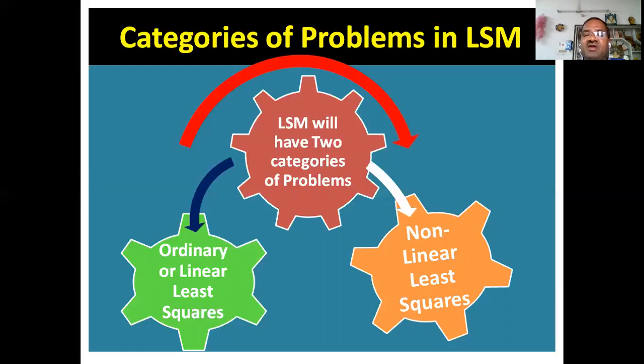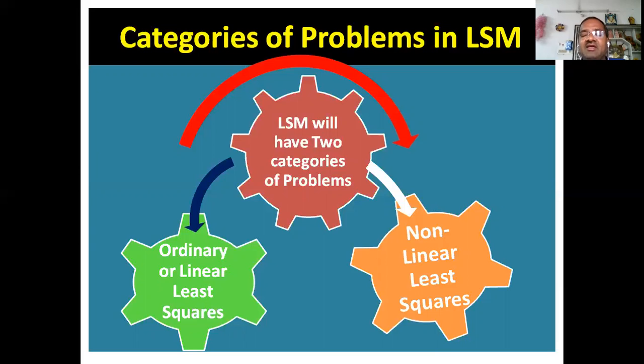Let me say every day it is increasing by 5 rupees. On the first day 5 rupees, second day 5 rupees, third day 5 rupees, again fourth day 5 rupees. So a constant change is registering. That is called linear least square.